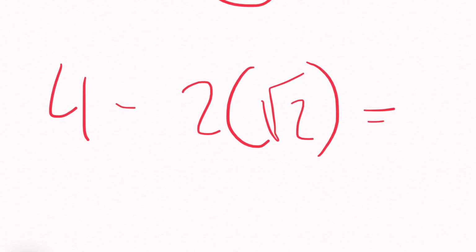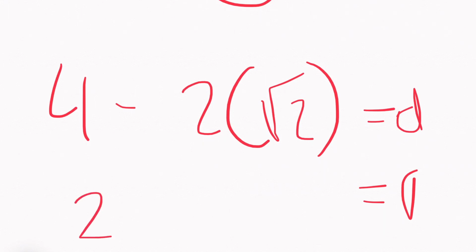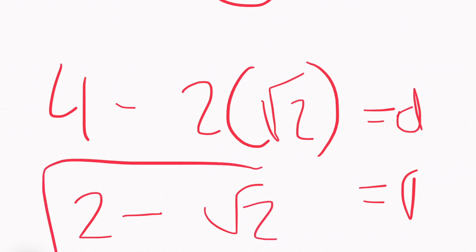Then if that is the diameter of our circle, the radius would just be half of all of that. So it should be 2 minus root 2. And that's it. That's the answer.